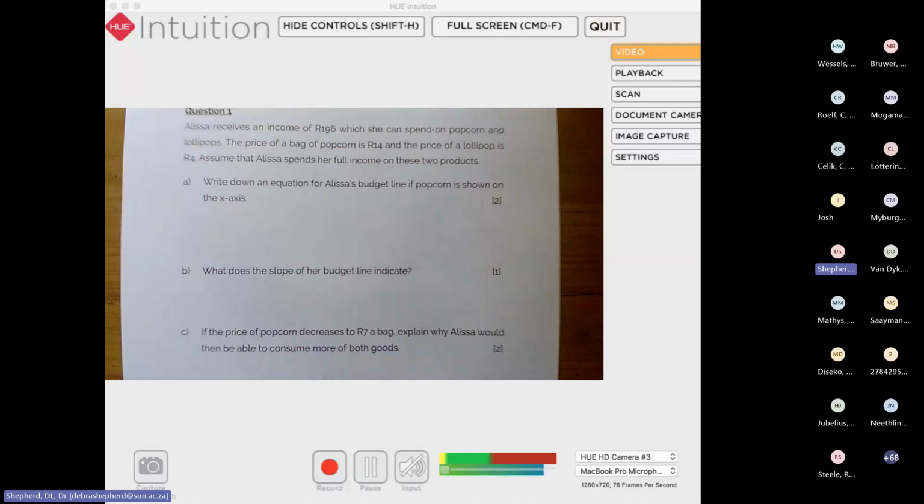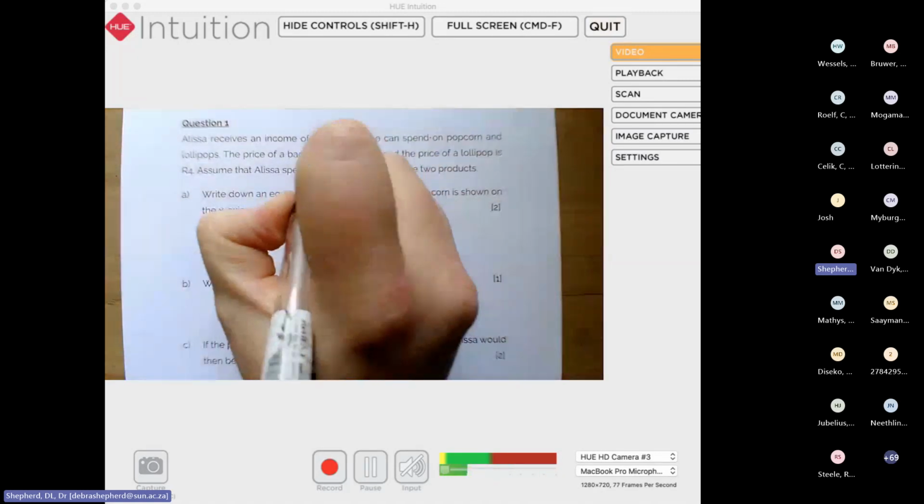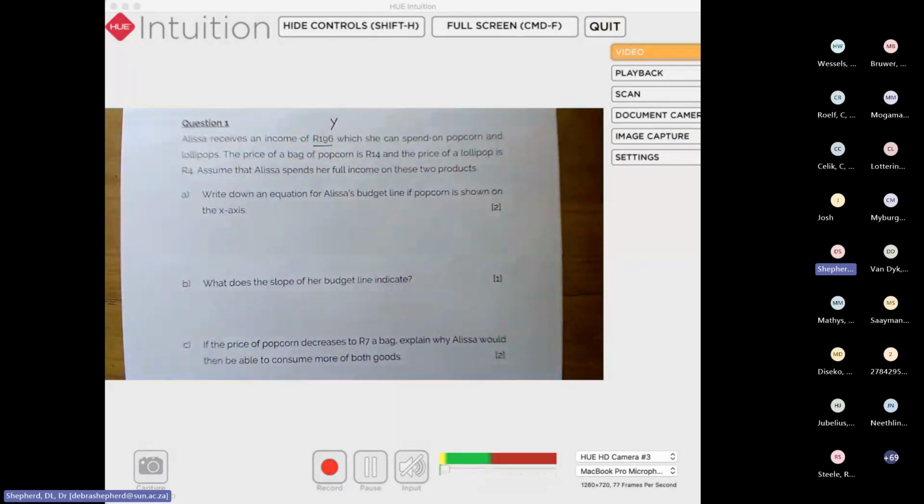So question 1 tells us that Alyssa receives an income of 196 rands. So this is her income, which she can spend on popcorn and lollipops. So these are the two products. The price of a bag of popcorn is 14 rand and the price of a lollipop is 4 rand. Assume that Alyssa spends her full income on these two products.